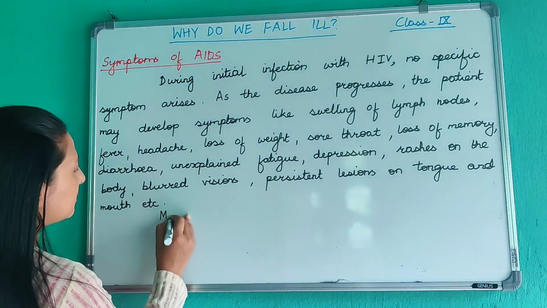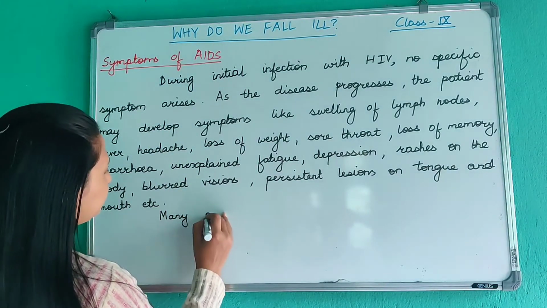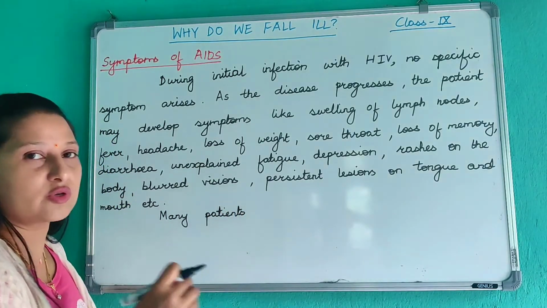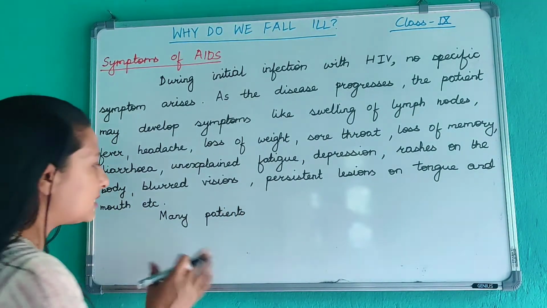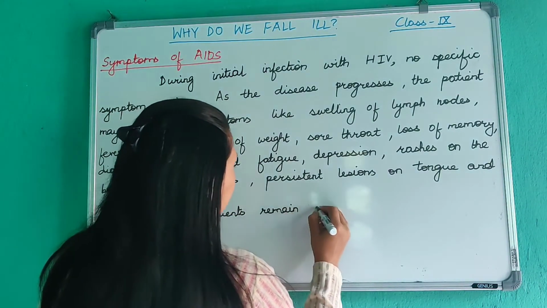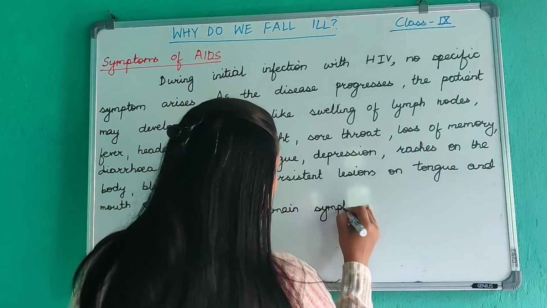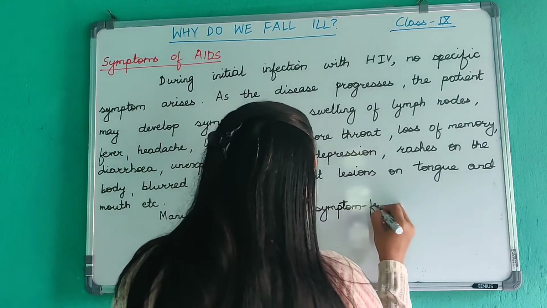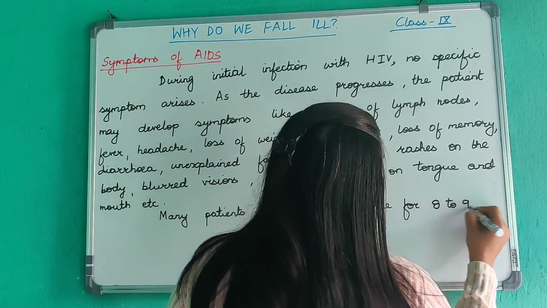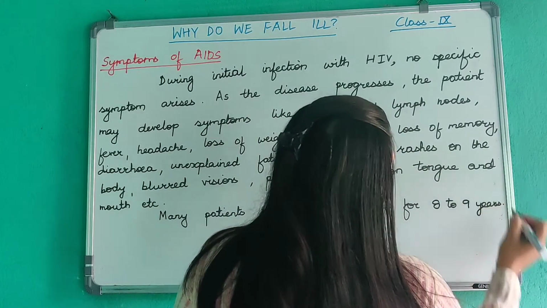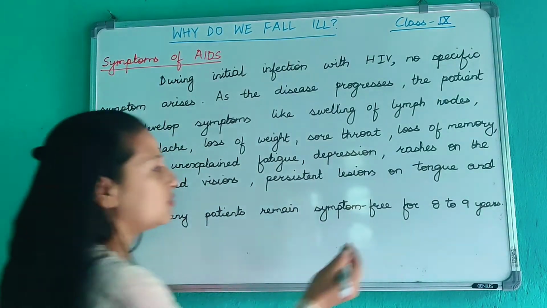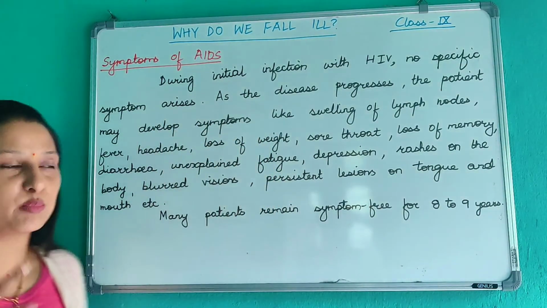Another very dangerous thing about AIDS is that many patients remain symptom free for 8 to 9 years. Even 8 to 9 years after getting AIDS, there will be no symptoms in many patients.